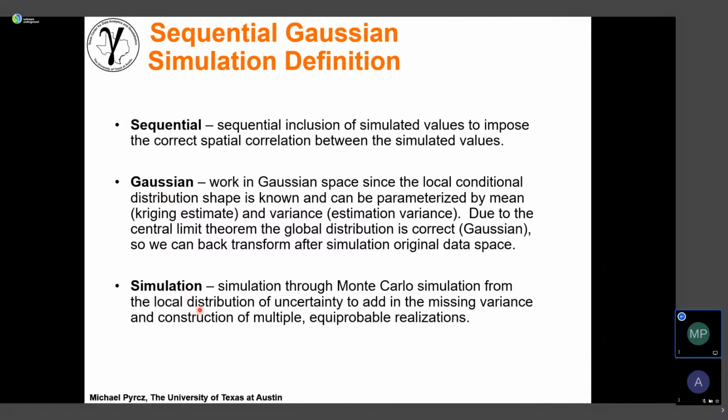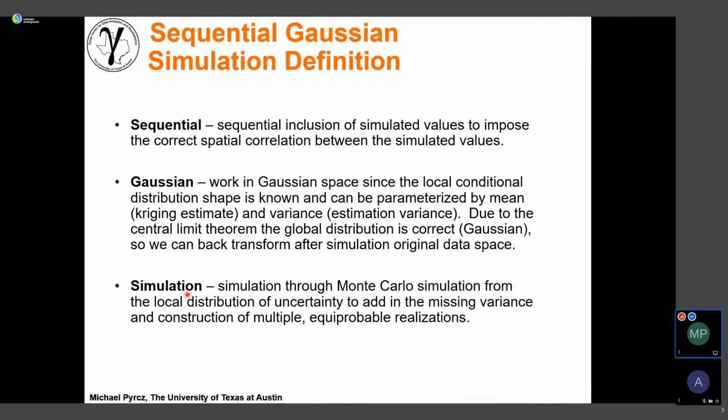Sequential Gaussian simulation, the fundamental workhorse in simulation, has three important components. Sequential: you sequentially include simulated values to impose the right spatial continuity between the simulated values. Gaussian: you work in Gaussian space. That ensures that we honor the global distribution, and with the kriging variance and the kriging estimate, we know the local distribution of uncertainty, so we can do Monte Carlo simulation.